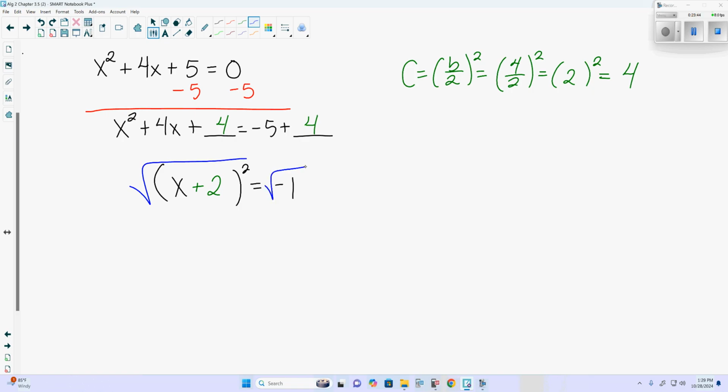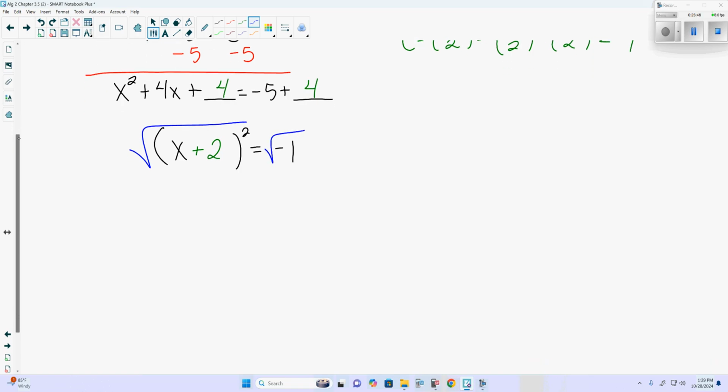Now at this point here, we're going to take the square root of both sides. Well, here our square root and square will cancel, telling us that x plus 2 is equal to plus or minus. At this point here, we need to take the square root of negative 1. Well, what is the square root of negative 1?